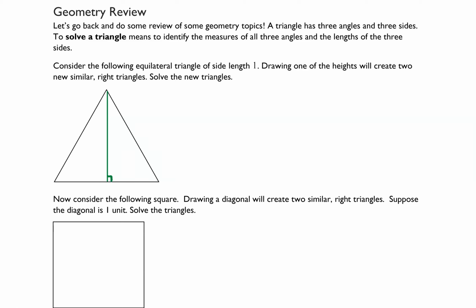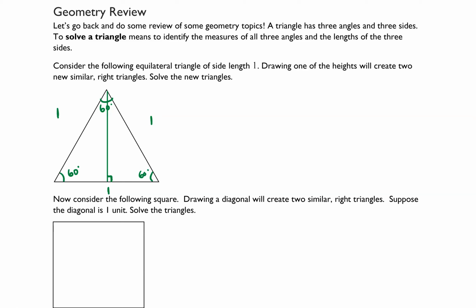And before we drew that vertical line, because this is an equilateral triangle where all the side lengths are 1, that means that all of the angles are equivalent as well. And hopefully you remember from geometry that all of the interior angles of a triangle need to add up to 180. So that means that each of these angles is 60 degrees.